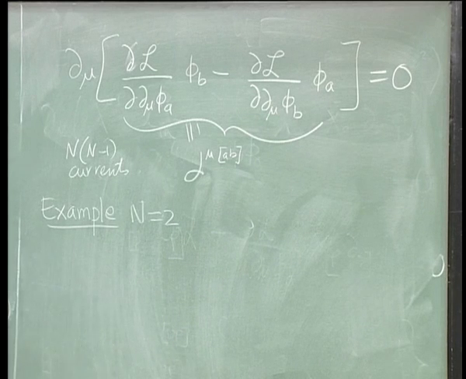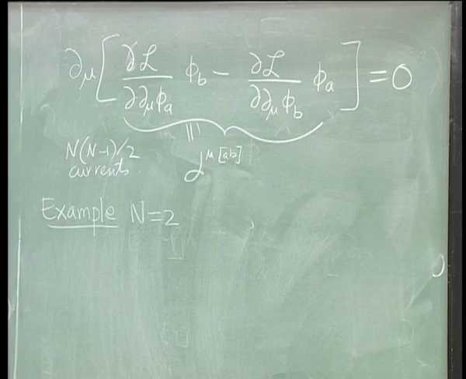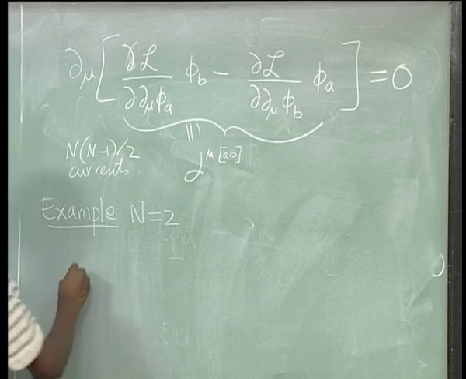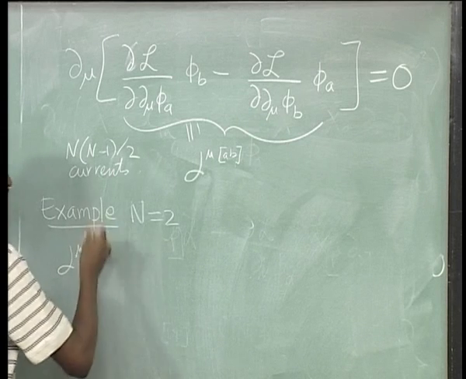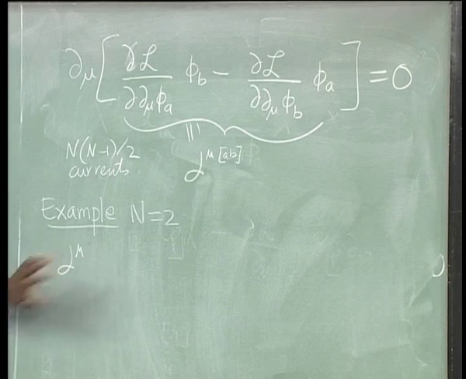So, you will have exactly one current. We will write that as J mu 1 2, but since there is only one current, I will not write any index.